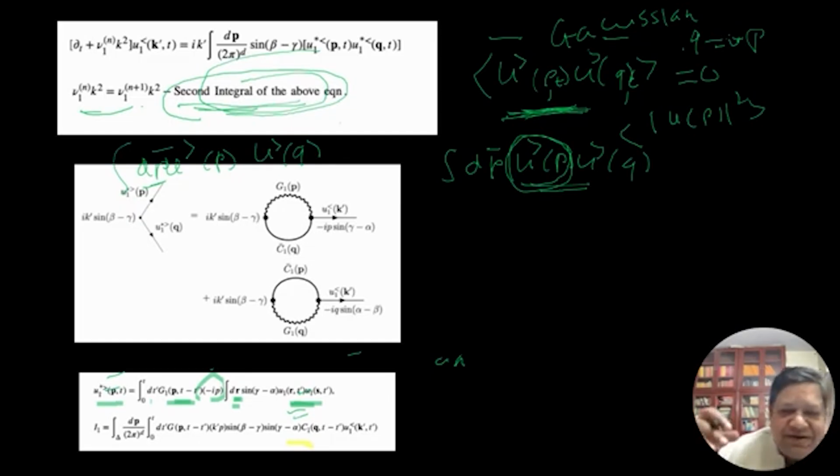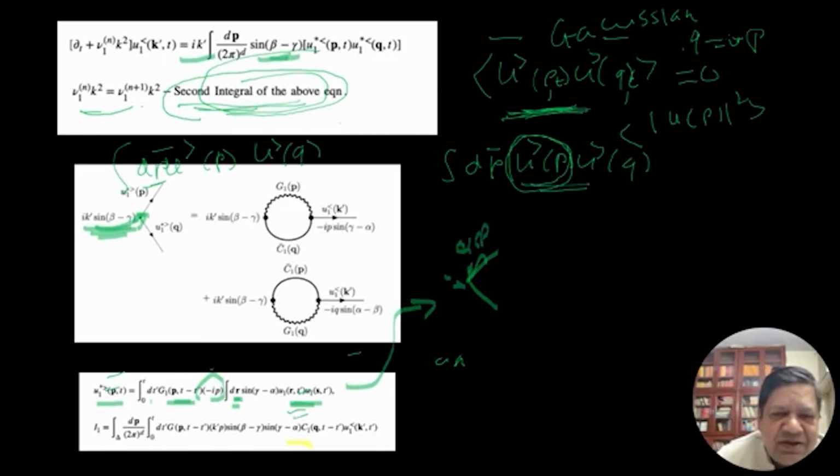So we write U_P, the solution of U_P, in terms of more variables. This object is written in terms of Feynman diagrams like this. This Green's function is written as, remember we had two of these, this stuff, and this is called the vertex. This vertex, and this object is this ik prime sine beta minus gamma. This is what I have written here, and this is u of p.